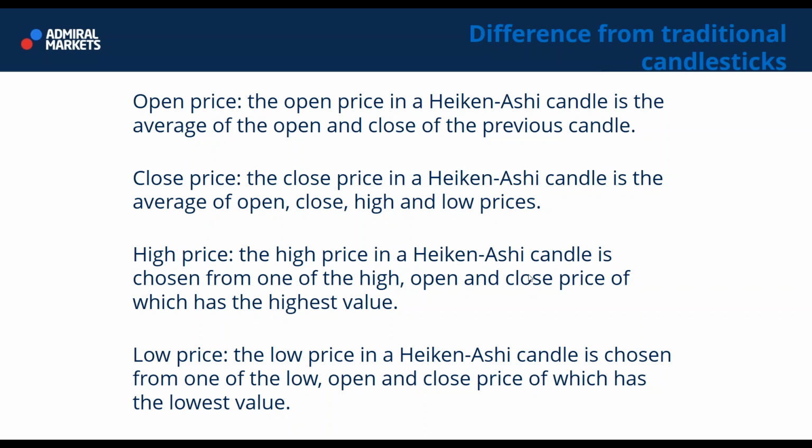The high price is chosen from the high, open and close, whichever has the highest value. So you will see on charts it's a lot different than Japanese candlesticks. And the low price is chosen from the low, open and close, whichever has the lowest value. That is what I said at the beginning of the webinar: it is an average of the price. So it's different.